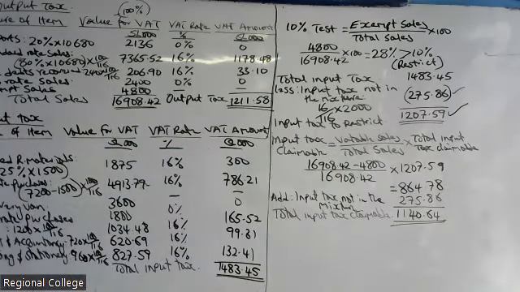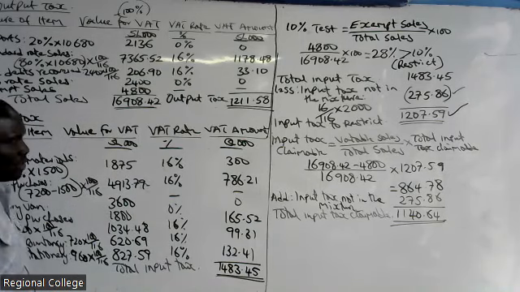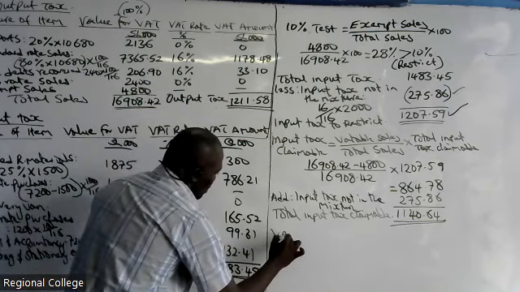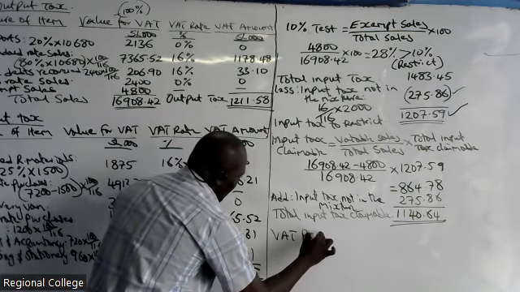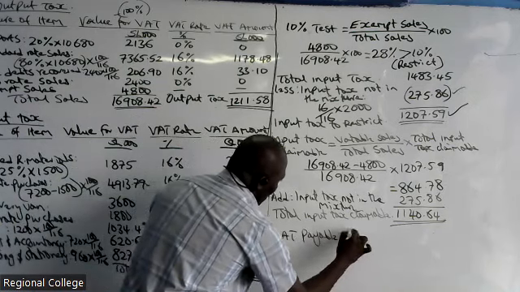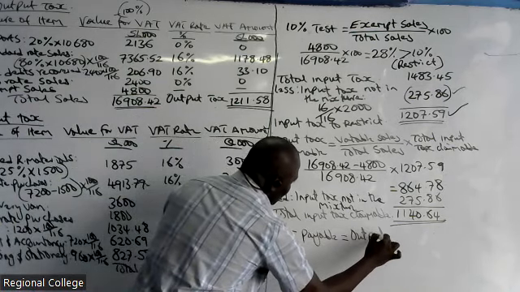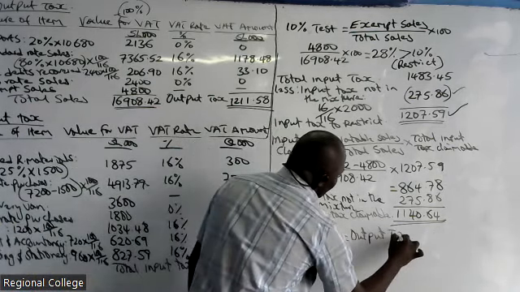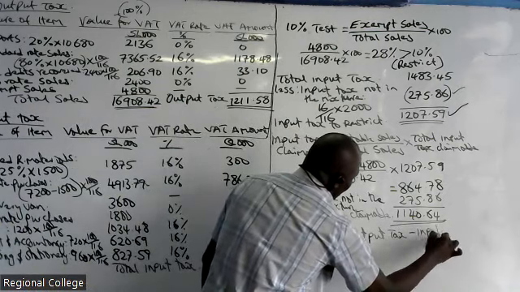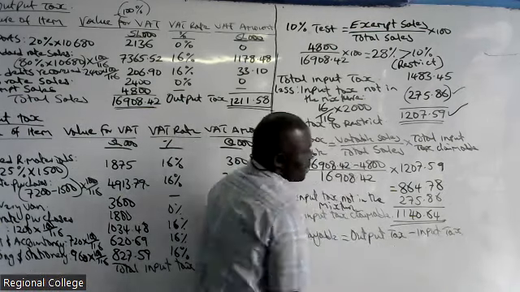So here ndo kazi ilikuwa. Finally, can we have VAT payable? Output tax minus what? Minus input tax.